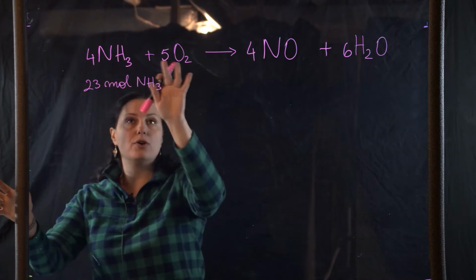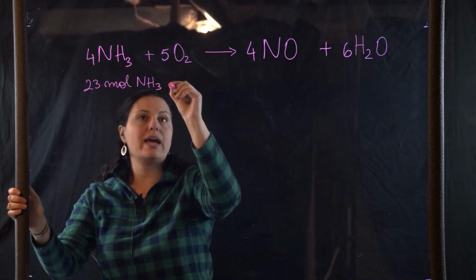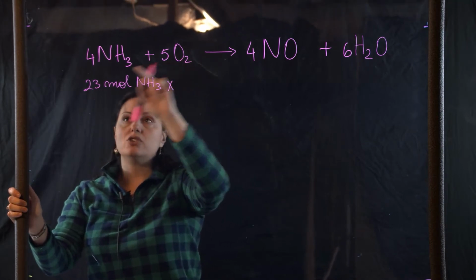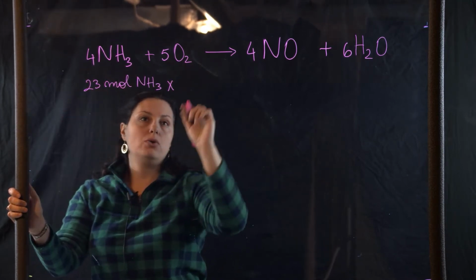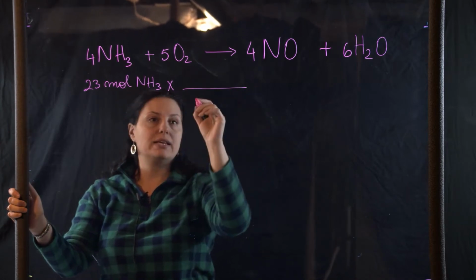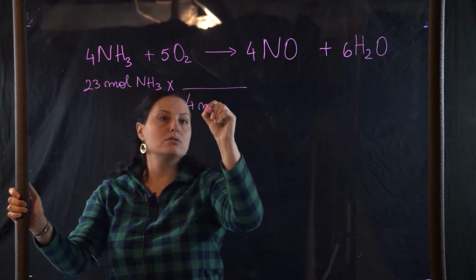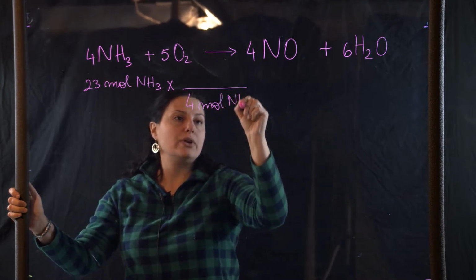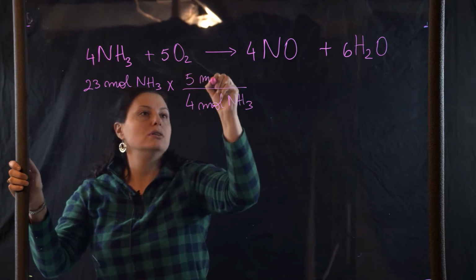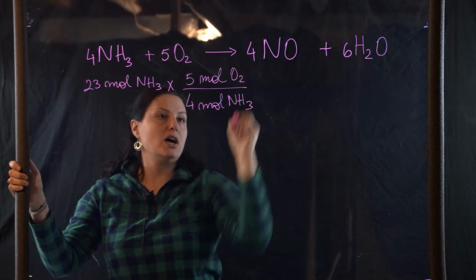What do I know from this balanced reaction? I know that I need 5 moles of oxygen for every 4 moles of ammonia. I want the moles of the ammonia on the bottom because I want them to cancel out. So I put 4 moles of ammonia at the bottom, 5 moles of oxygen on the top.